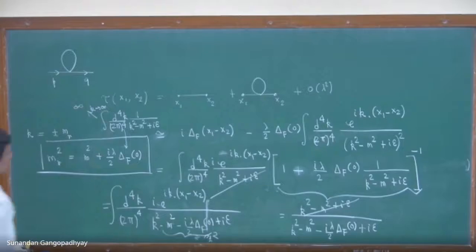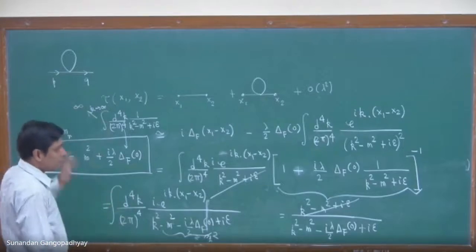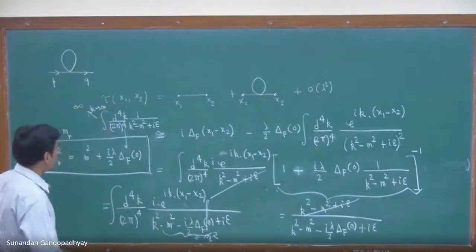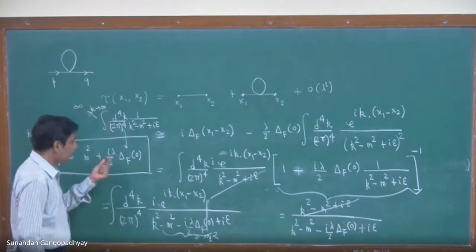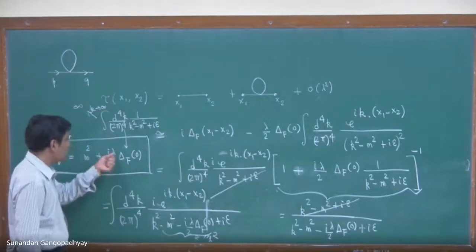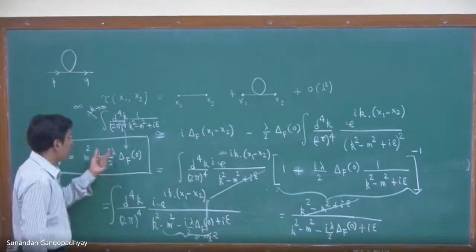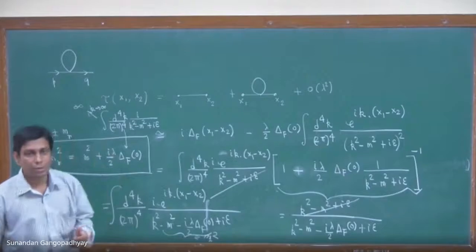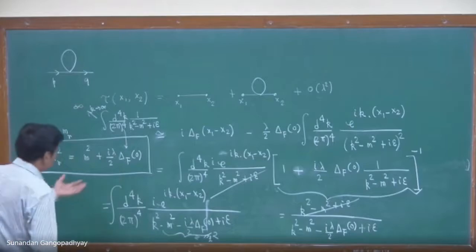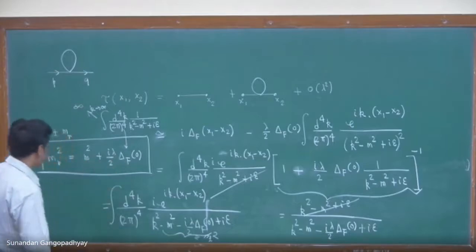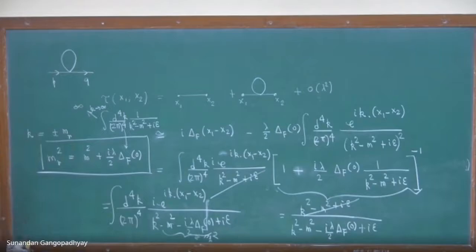So this tells you that the entire program is problematic. You have some correction, and that correction should in principle be small because this is perturbation theory. But this correction turns out to be an infinite quantity. And therefore, to avoid such infinities, the procedure is the following.